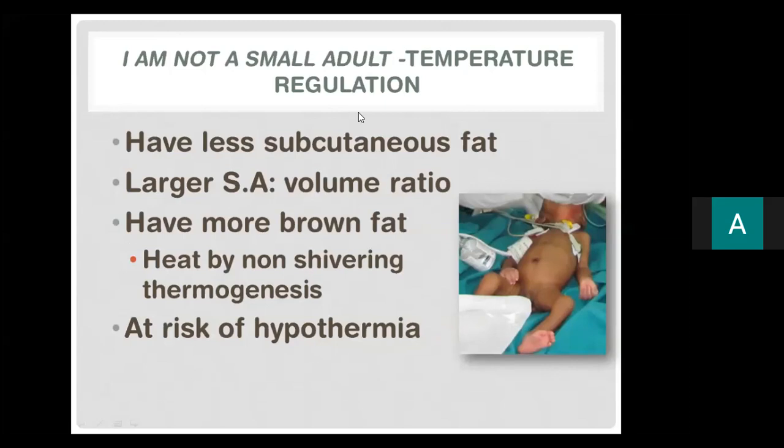So you can tell us something else apart from that. I think I will ensure the room temperature is slightly higher. Okay, slightly higher or at the same temperatures. Then what else would you do? Someone already mentioned the room temperature. So what else would you do apart from a warming mattress and a warm theater?